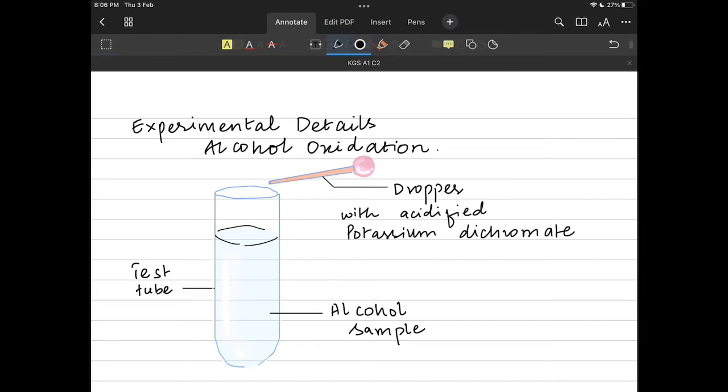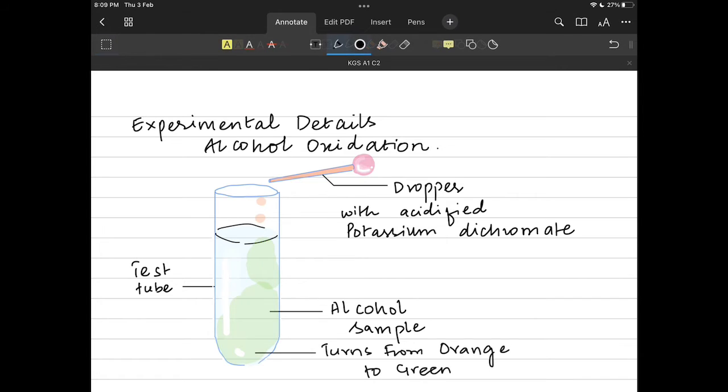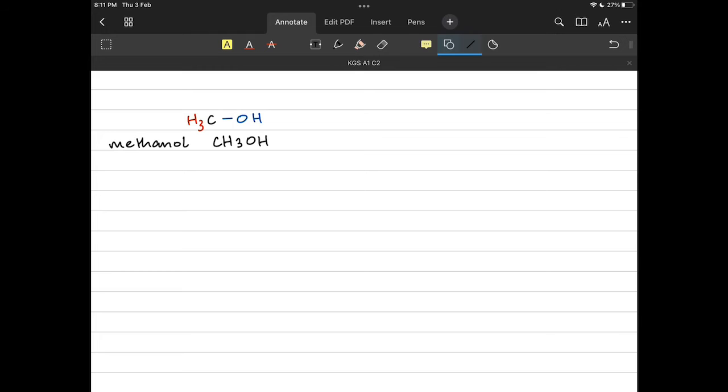We take a dropper which has acidified potassium dichromate. It's a very strong oxidizing agent. When we add the drops, it changes color from orange to green. Potassium dichromate was initially orange, but it changes color from orange to green, which indicates that the alcohol has been oxidized.